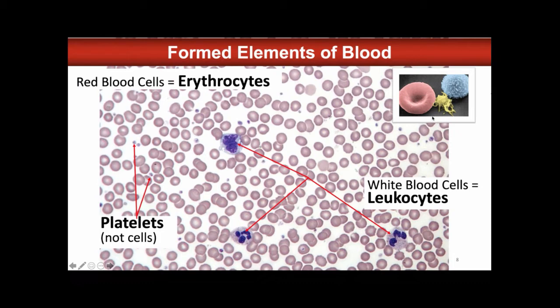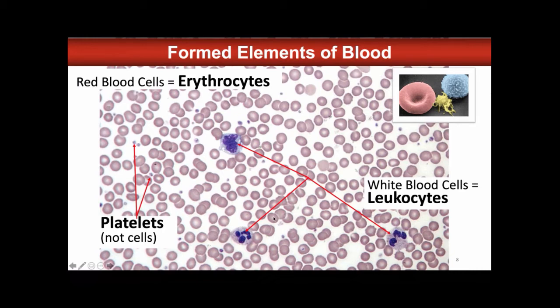Up in the upper right corner, what we're looking at is a red blood cell, an activated platelet, and then a white blood cell, a leukocyte, that's been taken with an electron microscope and then colored to make them stand out, because electron microscopes only give you black and white pictures.